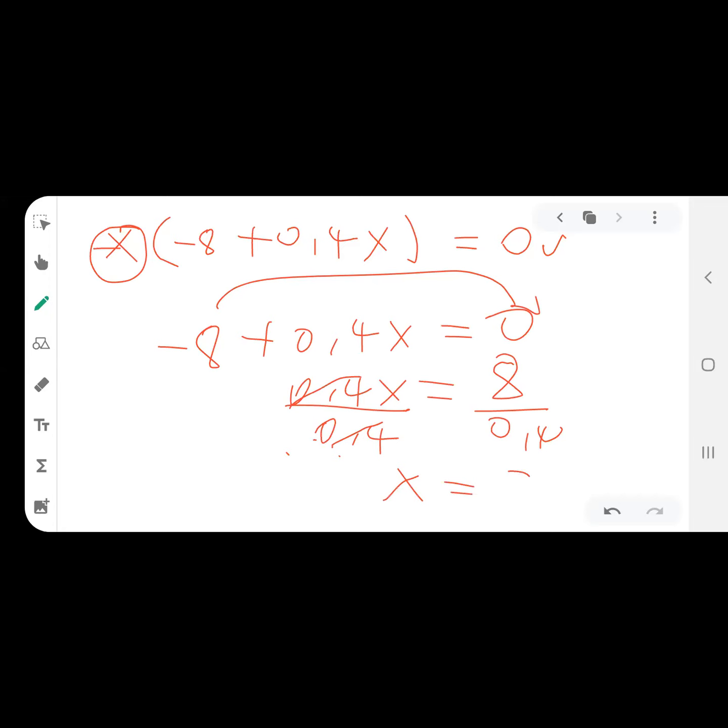Therefore, x equals 20. So it means that we are not going to consider the 0. We take the 20. And then you will conclude. Therefore, stage 2 begins, or stage 1 ends, at a point where the input level is 20.